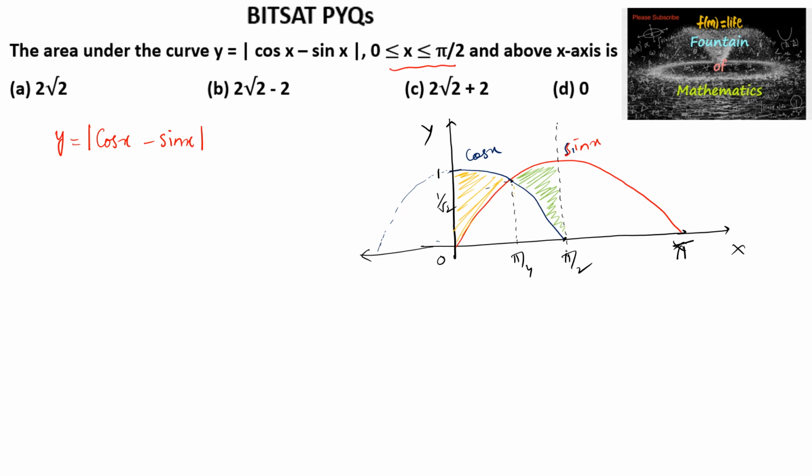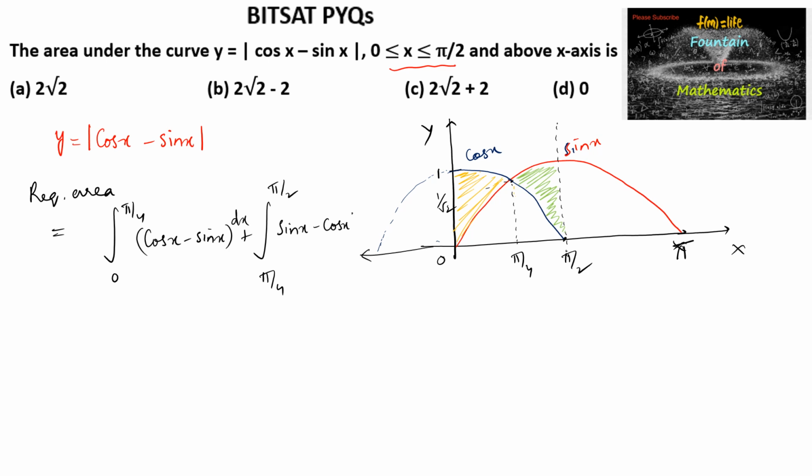So we can write the interval here, required area, which is equal to integral 0 to pi by 4 of cos x minus sin x, dx, plus integral pi by 4 to pi by 2 of sin x minus cos x, because in the interval pi by 4 to pi by 2 we can see that sin x is greater.